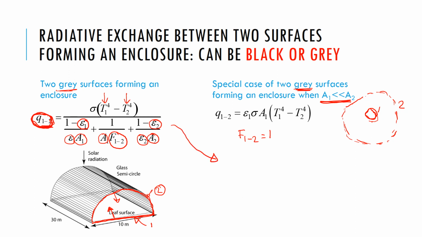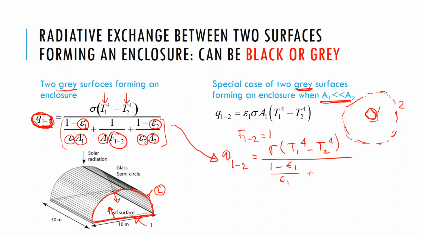So let's try to simplify this expression. Q12 is equal to sigma times T1 to the 4 minus T2 to the 4, over 1 minus epsilon 1 over epsilon 1 plus 1 over F12 plus 1 minus epsilon 2 over epsilon 2 times A1 over A2.